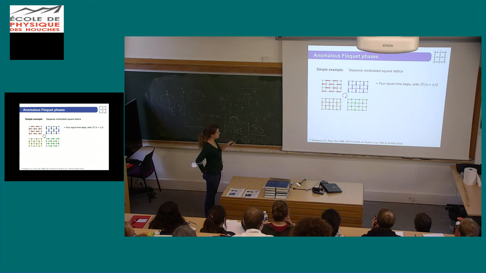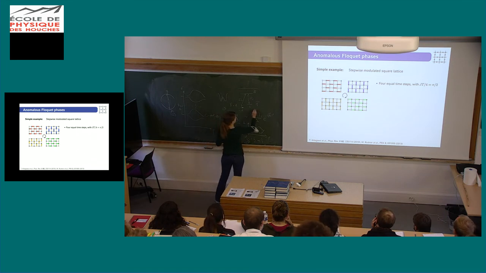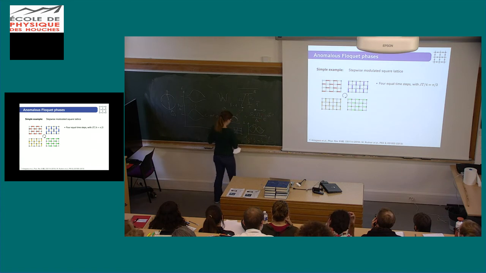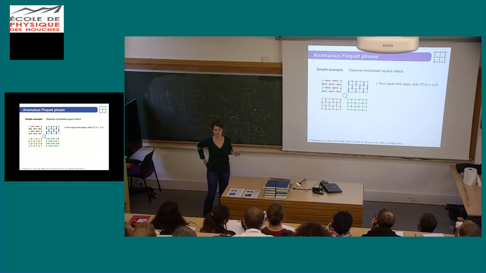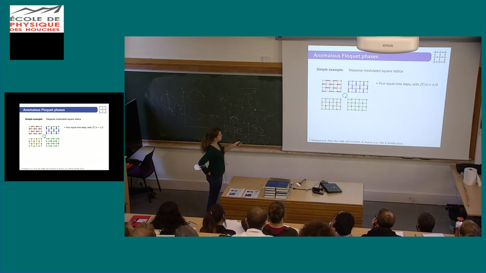And it's fine-tuned in the sense that if you start with a particle here on the black dot, the time it takes to tunnel over to the neighboring site is exactly the quarter period of the modulation protocol chosen here. So if you start with an atom on this black site and go through these 4 steps, it comes back to where it started.